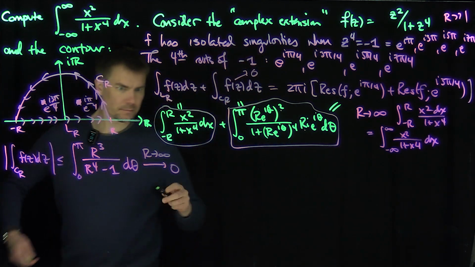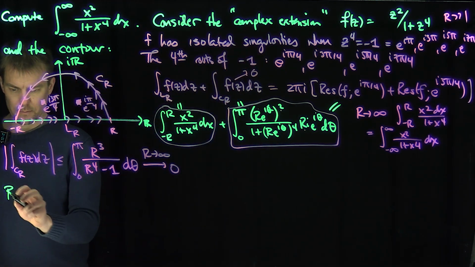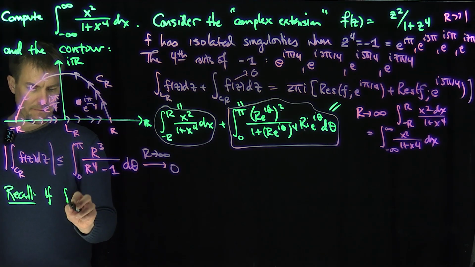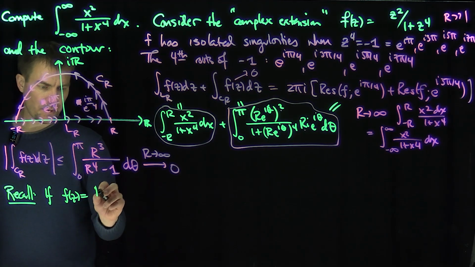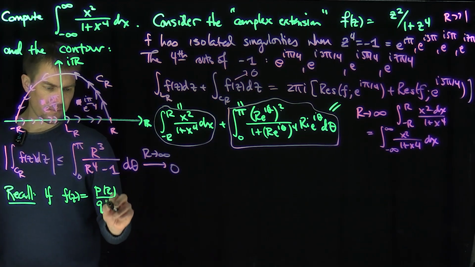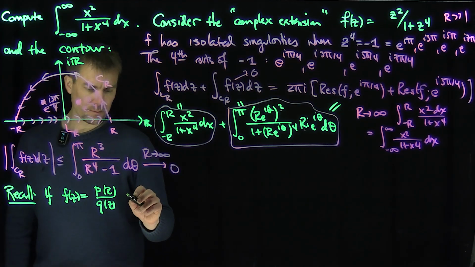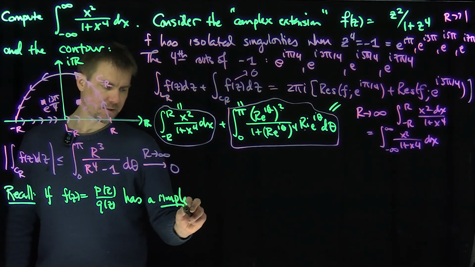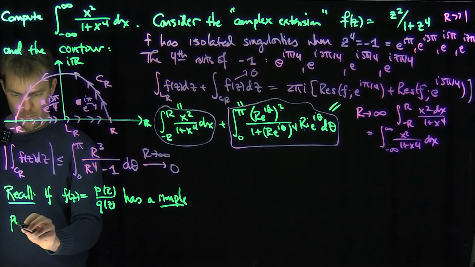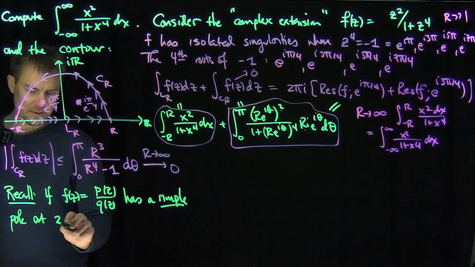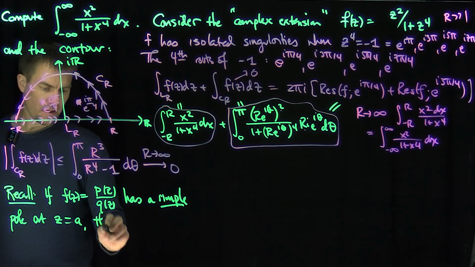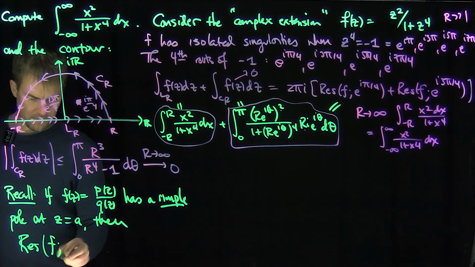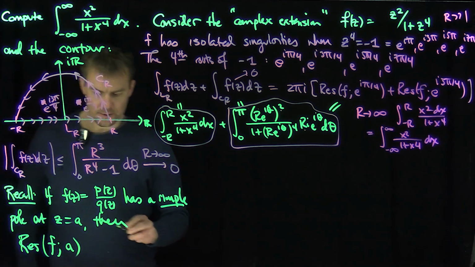So let's recall. If f of z, which is p of z over q of z, has a simple pole, which all of these poles are simple poles, at z equals a, then the residue of f at a is going to be what?